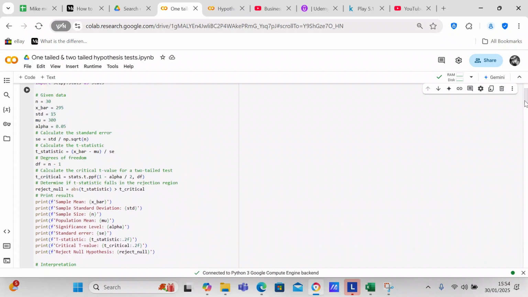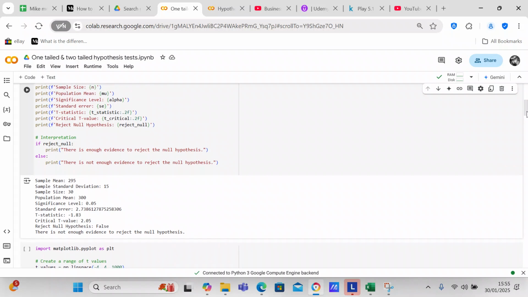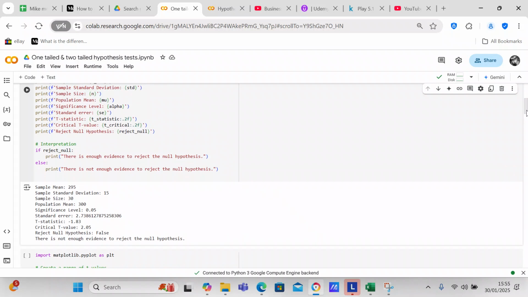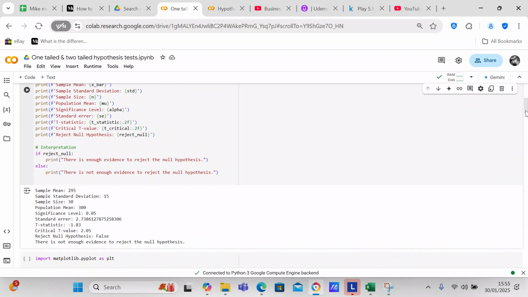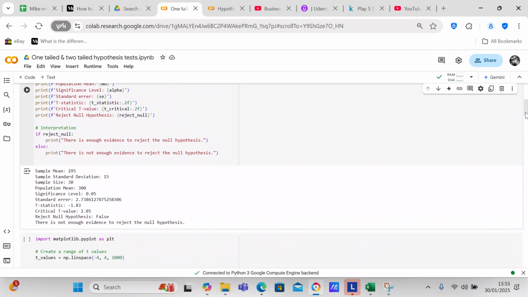Then we're going to determine if the t-statistic falls within the rejection region. So reject null equals abs, that's absolute value, of t-statistic greater than t critical. The reject null is going to be False, which means that you're not going to reject the null hypothesis.